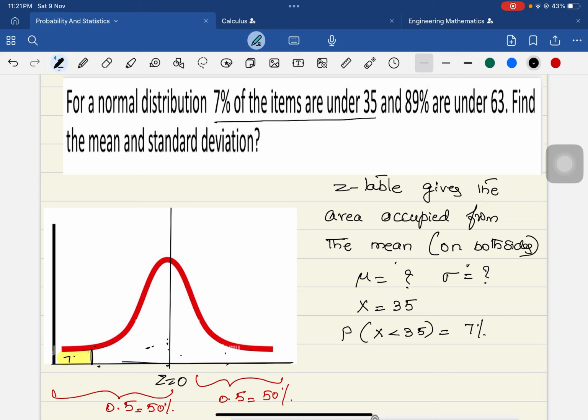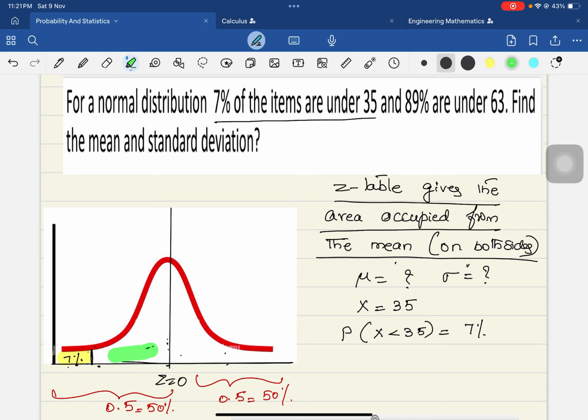So now this area is given as 7%. The areas are there on the standard normal distribution. Will you find 7%, that means 0.07, in your standard normal table? No, because, as I told you, the table gives the area occupied from the mean. So when this is 7%, what is this percentage, from 0 to this value?